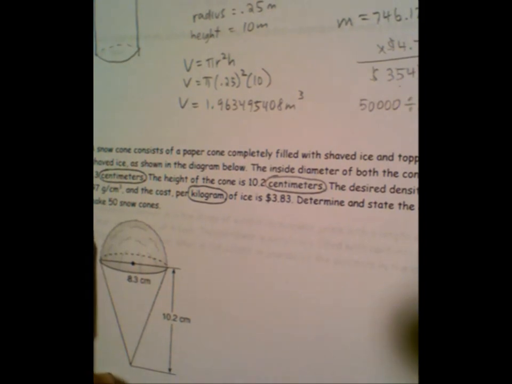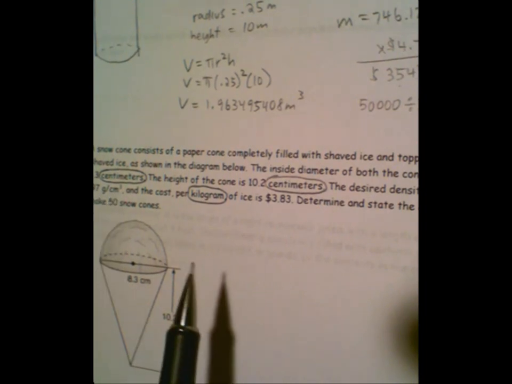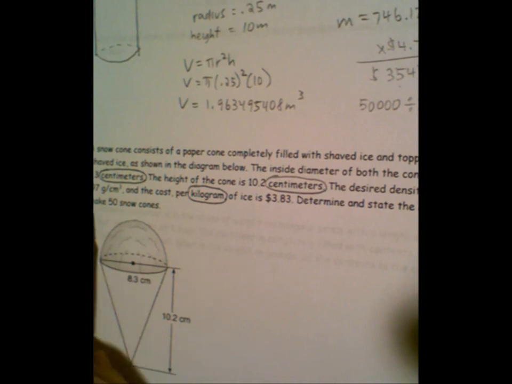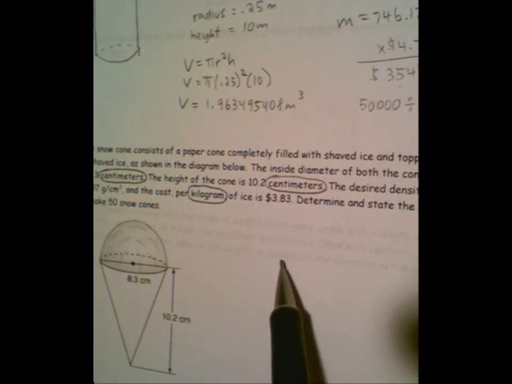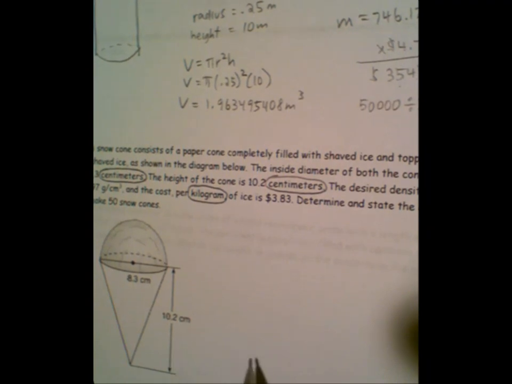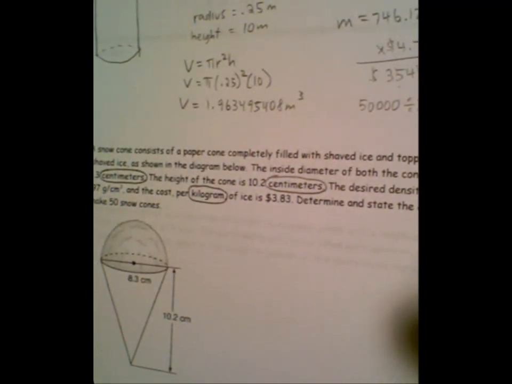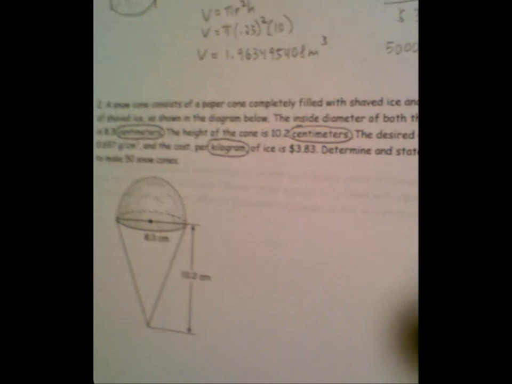They give us grams per centimeter cubed, so we're going to do 0.697 equals the mass over the volume that we find in this problem. Then you're going to get the mass, convert that mass into kilograms, and then multiply that by $3.83, and then multiply that times 50. So there's a bunch of work to do here, but if you listen and follow the steps that I said, you'll be okay.